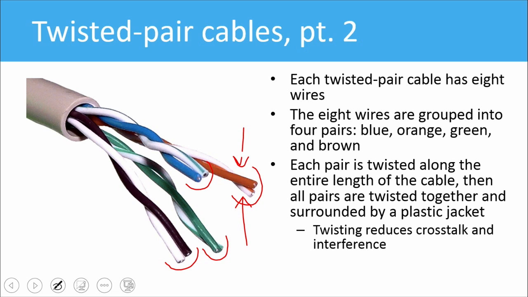It's white with an orange stripe in this specific example, but that's the case for every single pair. Each pair is twisted, that's where the twisted in twisted pair comes from, in order to reduce something called crosstalk and interference. We'll detail what crosstalk and interference are in a little bit, okay? So don't worry about that right now.